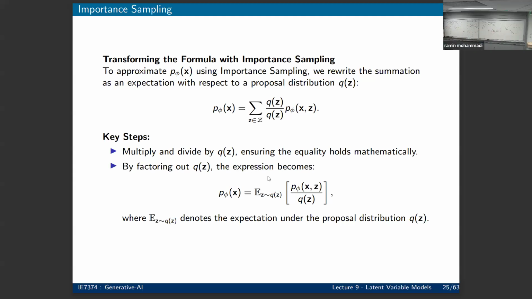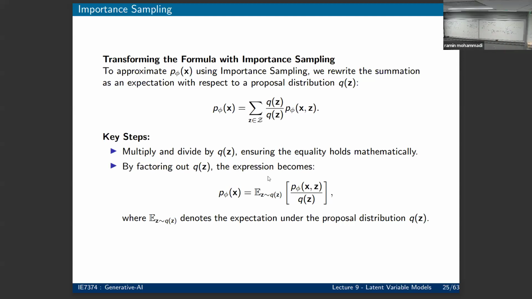But what will happen here is that you take one of the Q's outside, behind the summation, and leave one as the denominator under the P. So you add Q divided by Q, then you convert it: summation of Q(Z) times P(X,Z) divided by Q(Z). Okay.